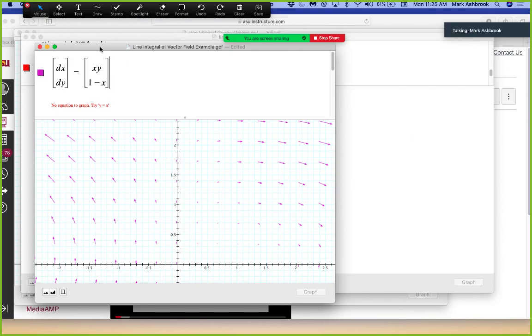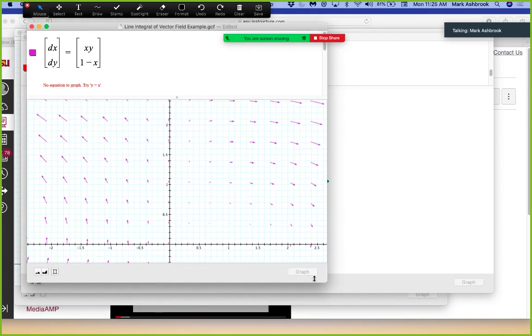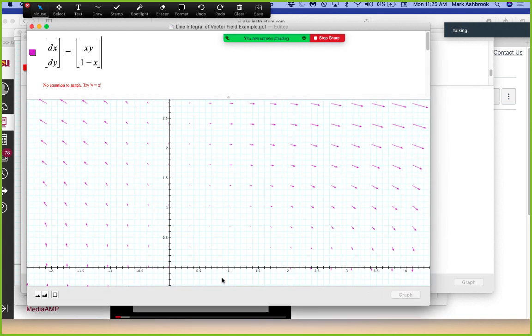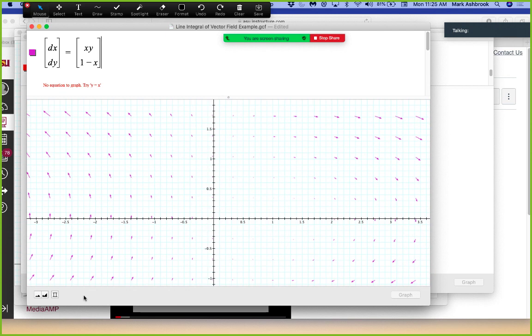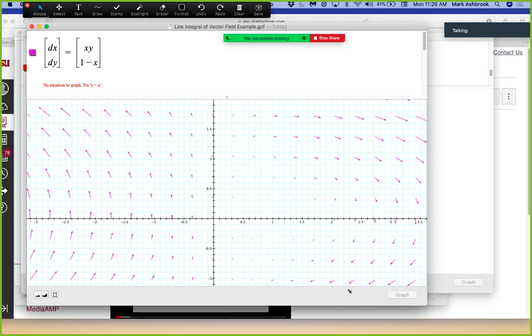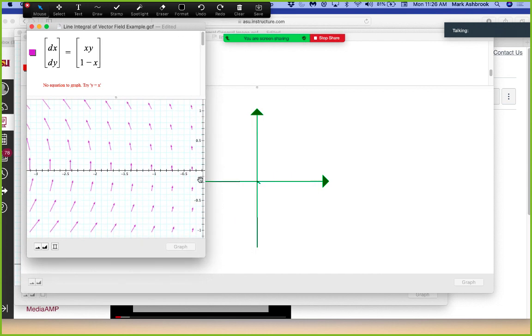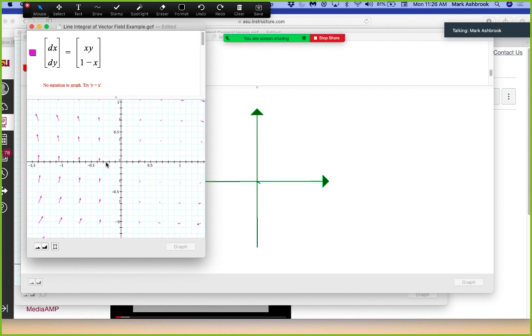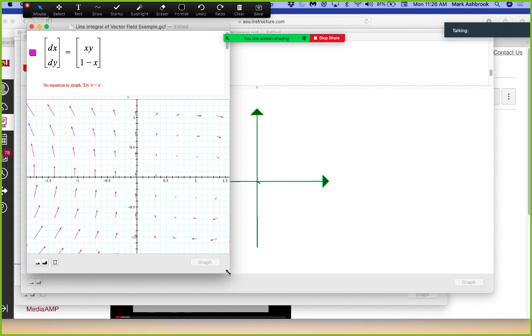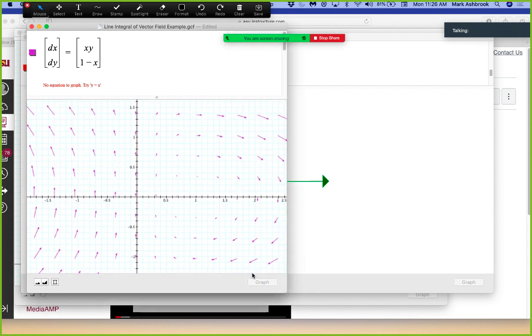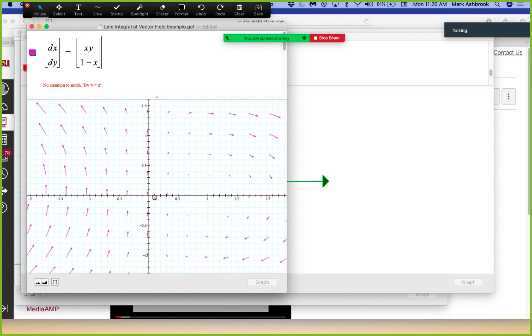All right, so here is the vector field. Let's see, the vector is a little bit bigger, so there we go. All right, I think that's good right there.